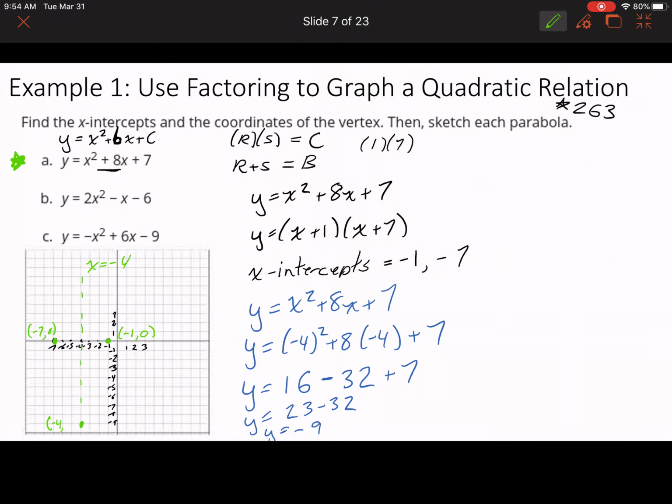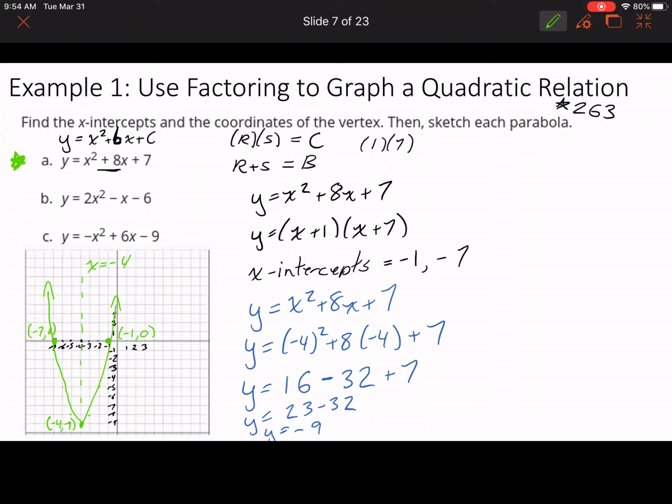So -4, -9 is our vertex. And then we've got our 3 points. Again, because we don't have an a, we know we go over 1, up 1, over 1, up another 3, over 1, up another 5. So we can put in the points in between rather easily. And keep going up. Put the arrows at the top of your lines, showing that the parabola continues to go forever and ever.